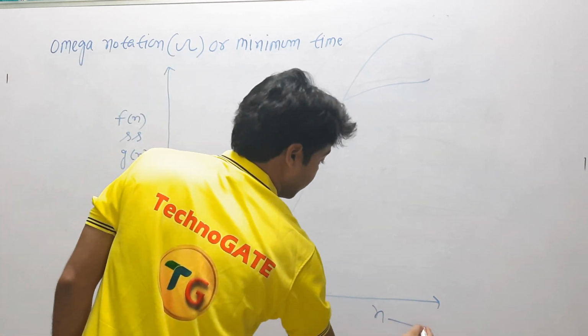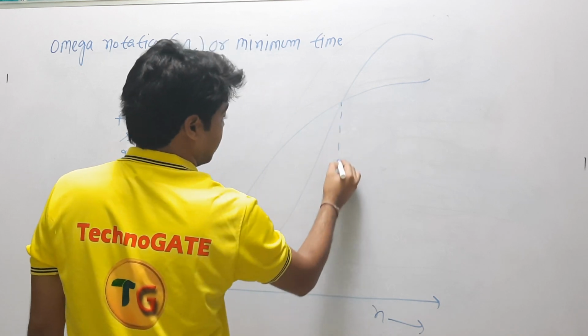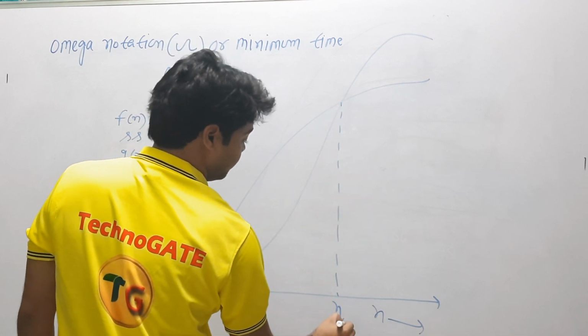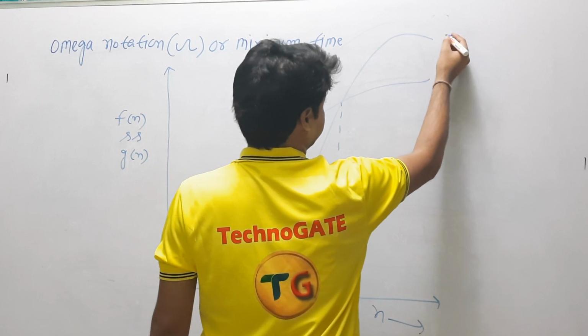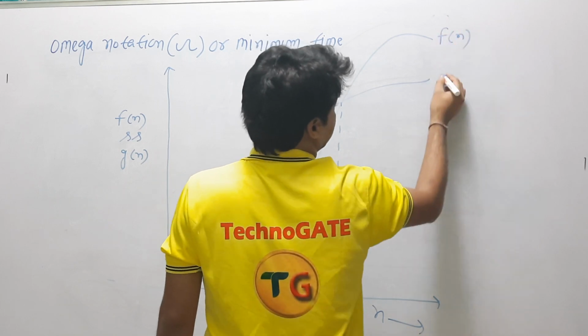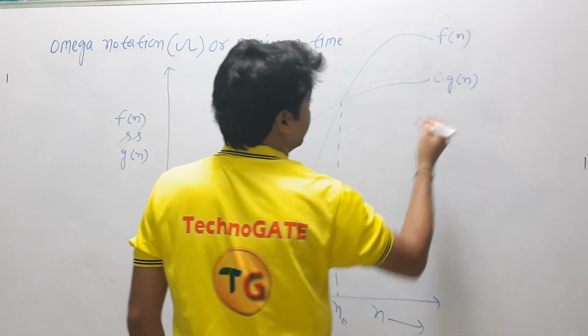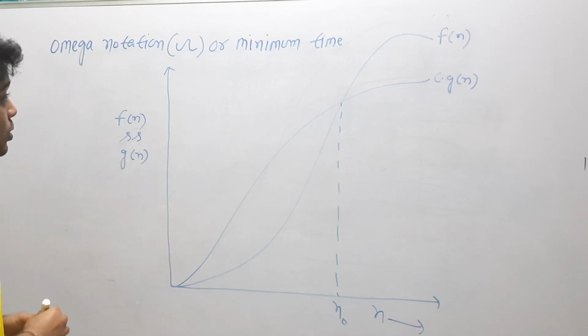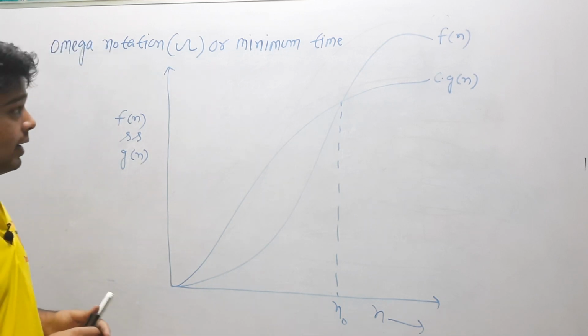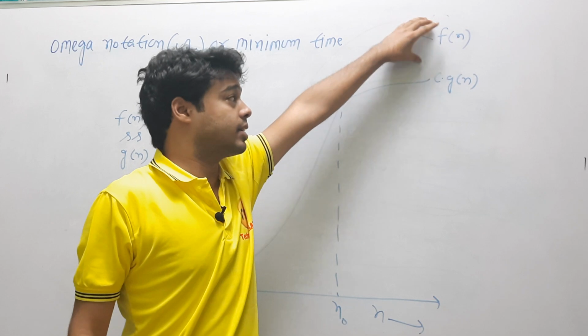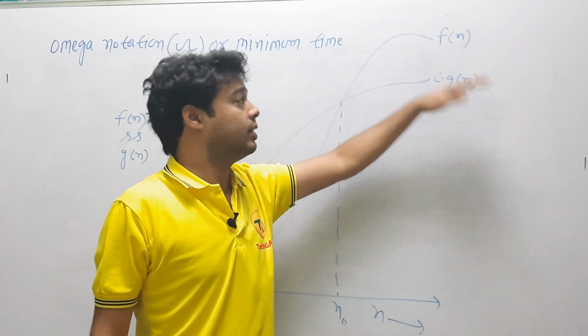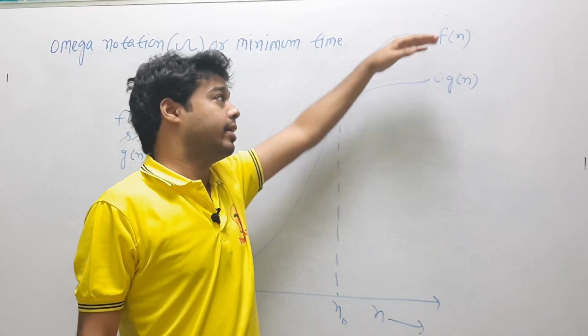This is n0. So this is Fn and here is C dot Gn. After this point, Fn growth rate is larger than Gn. Gn must be a lower bound, always lower than Fn here.